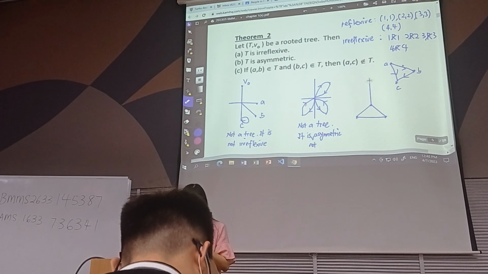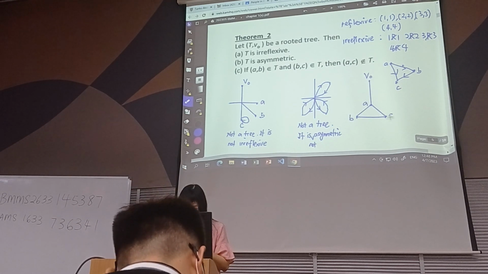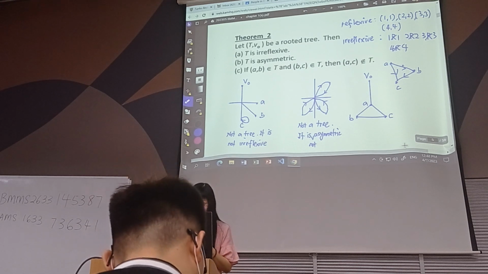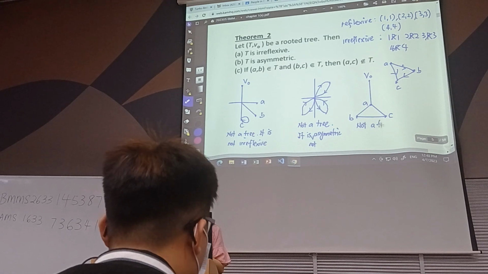Then if this is V0, A, B, C, in this case, it is not a tree. What is the reason?